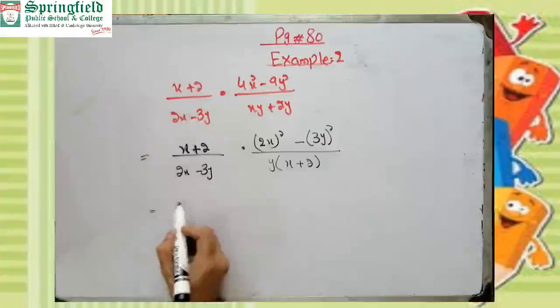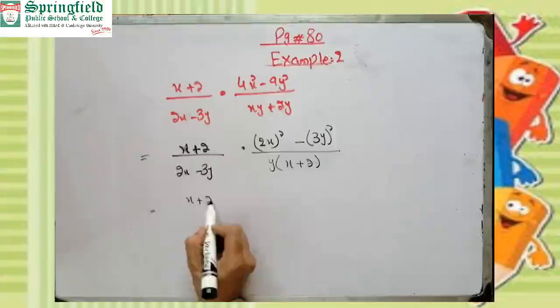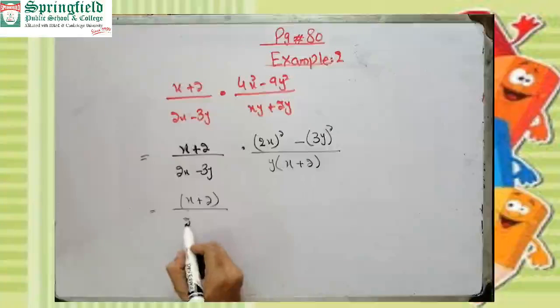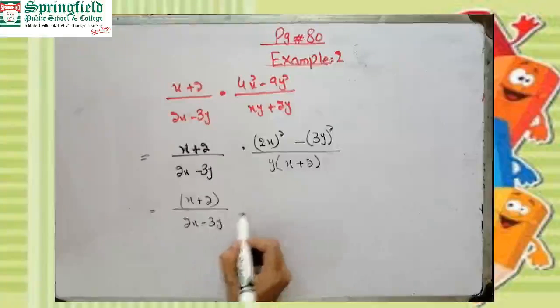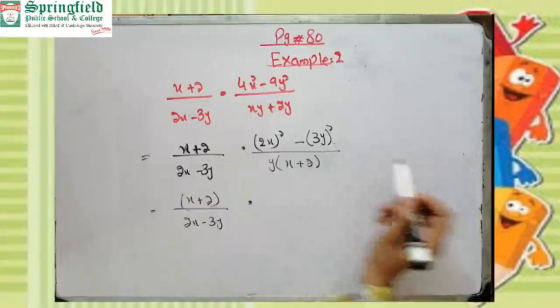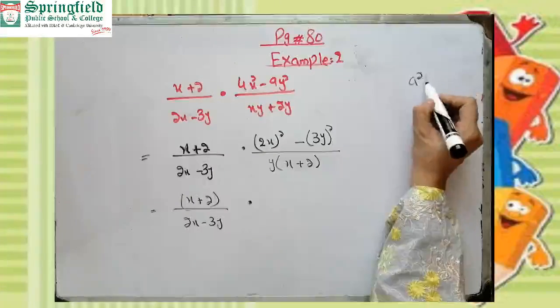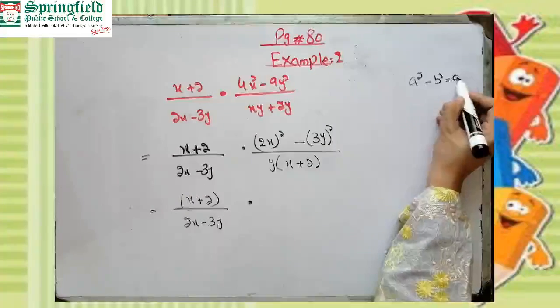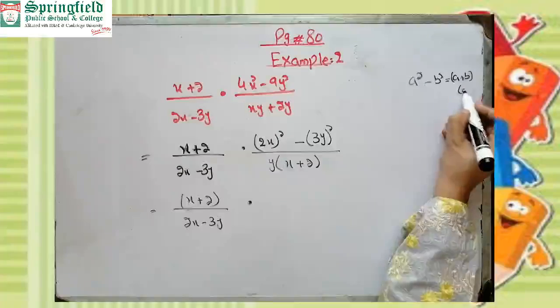Fine. Okay, now (x plus 2) divided by (2x minus 3y) into a square minus b square. A square minus b square is equal to the product of a plus b and a minus b.